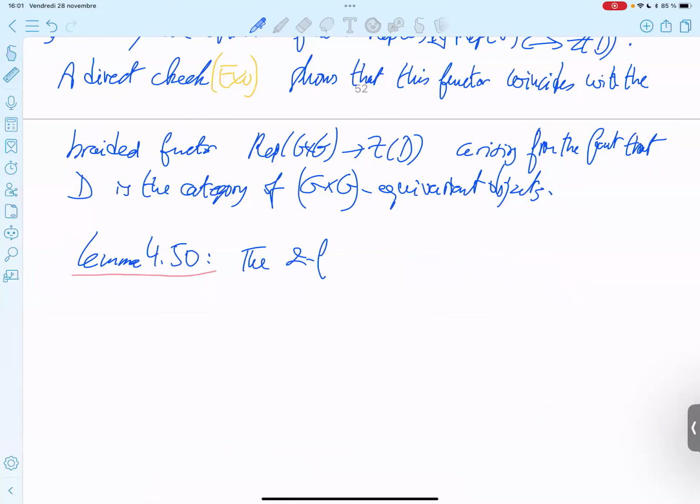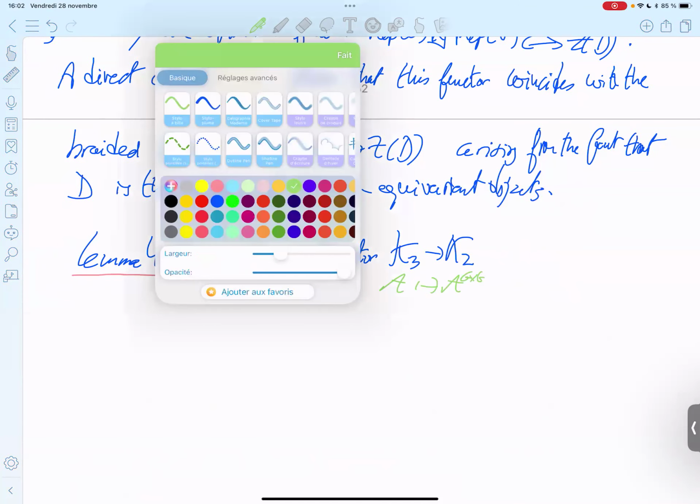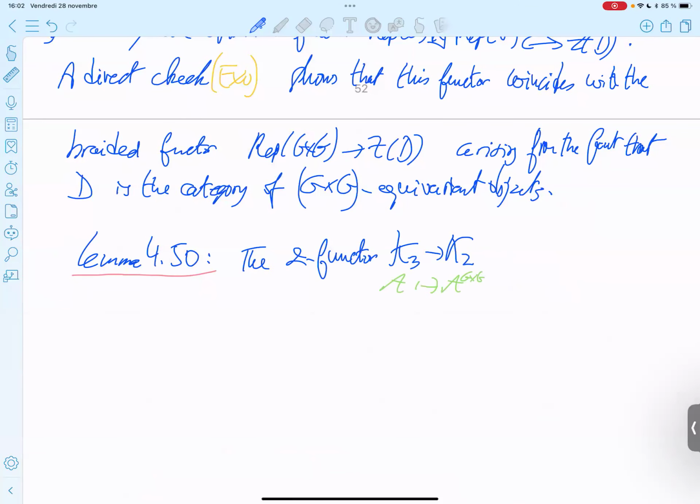The two functors from K3 to K2, which map A to A, G, the equivariantization constructed in lemma 4.47, is a 2-equivalence.